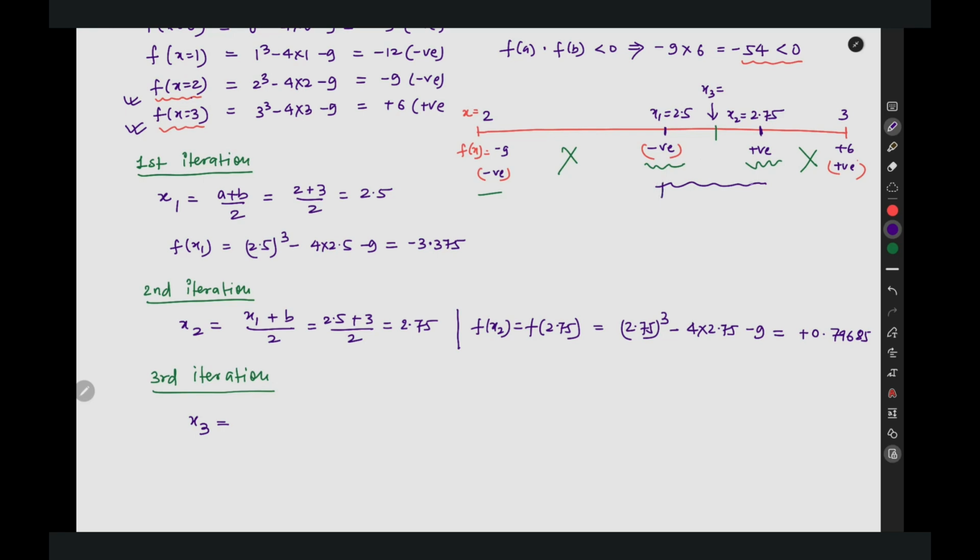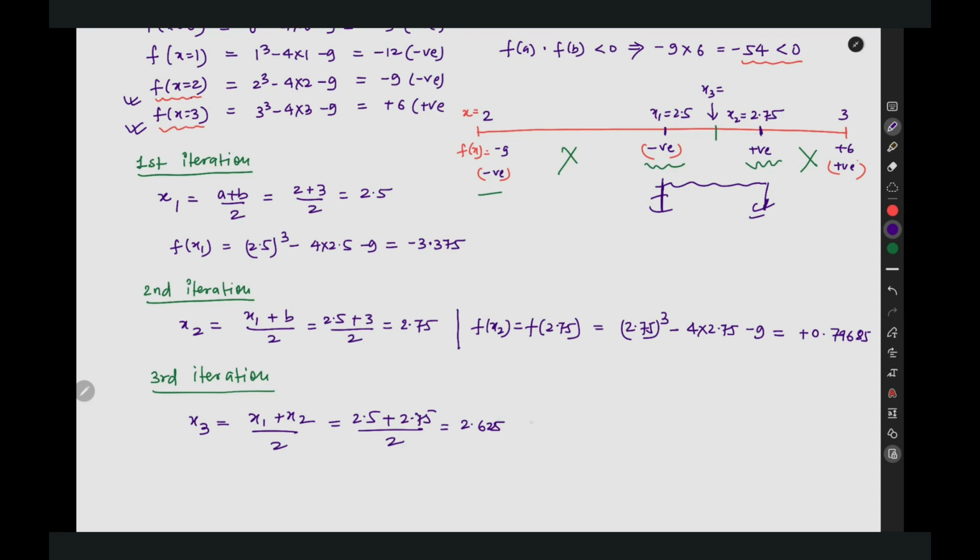So the first one will be this, the second one will be this. So x1 plus x2 by 2. So we will get 2.5 plus x2, which is 2.75, divided by 2. So it will be 2.625.